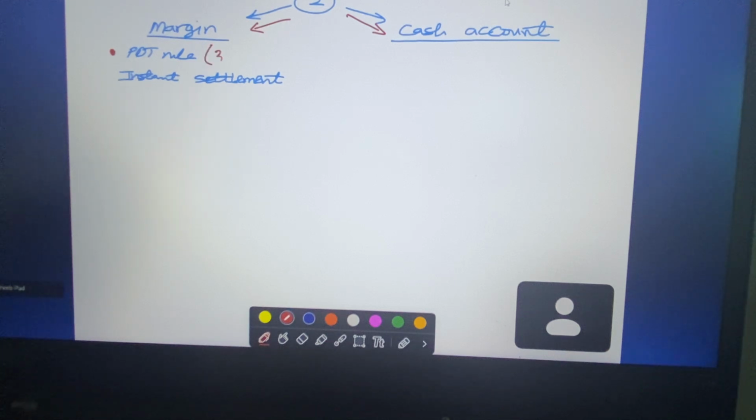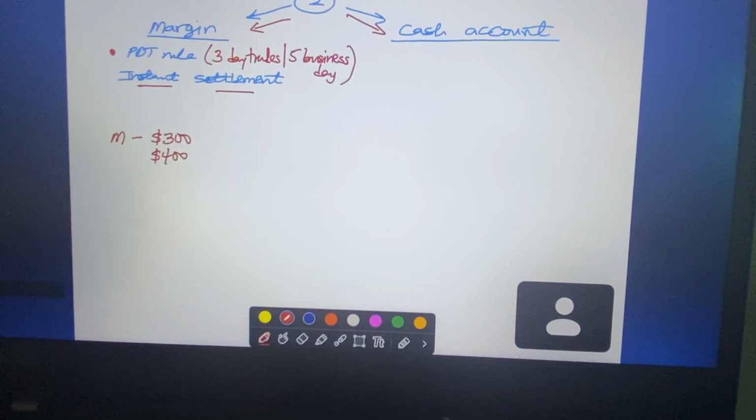And again, this is 3 day trades for every 5 business days. An advantage here is it allows for instant settlement. So if you buy on Monday, say $300 worth of options, and you sell it for $400, this $400 can be used immediately to buy something else on that same day.